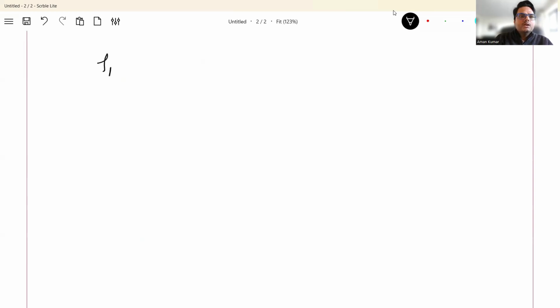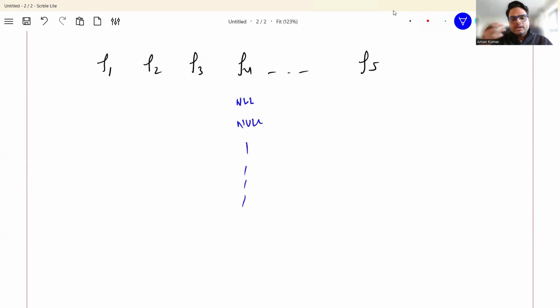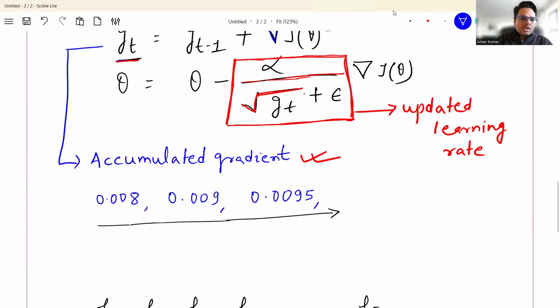There are different features in your data, f1, f2, f3, f4, etc. About some features you have very limited information, let's say null. You don't know how the gradient should behave, how the weight should adjust. What you should do is use Adagrad.